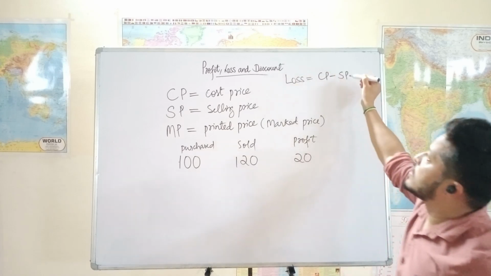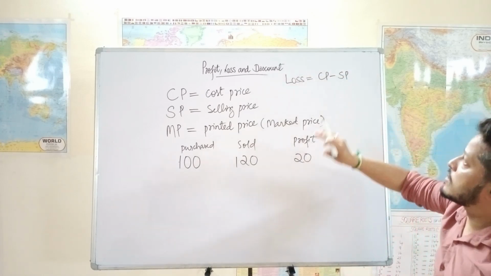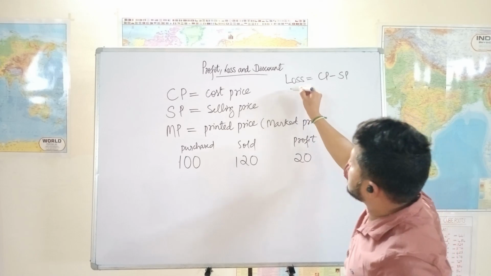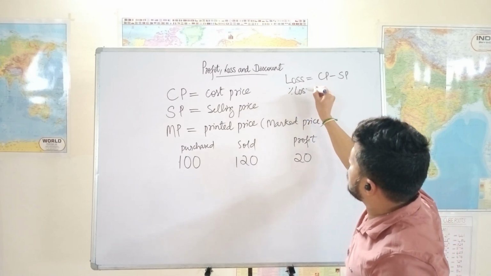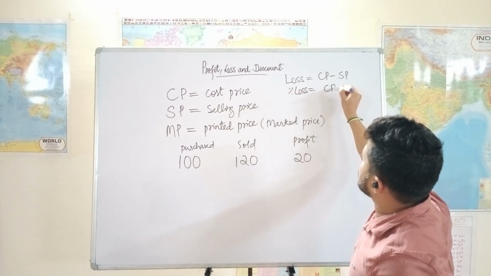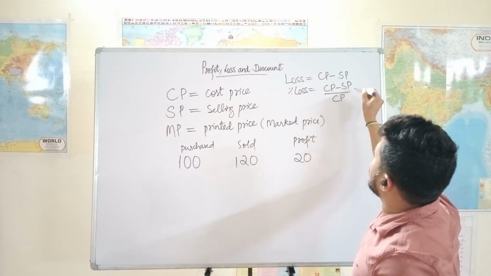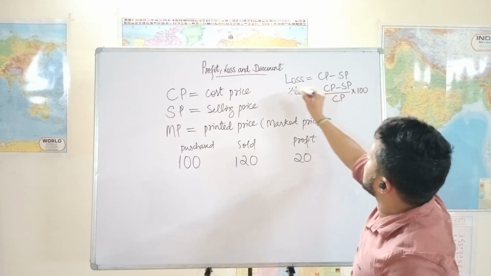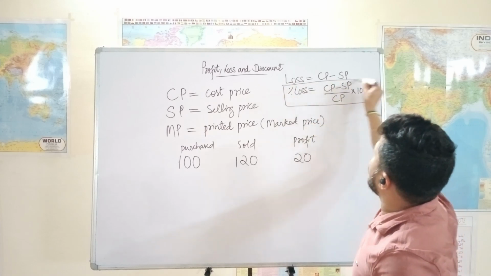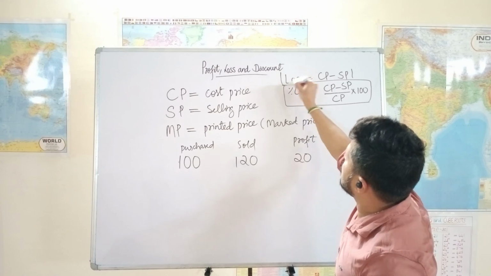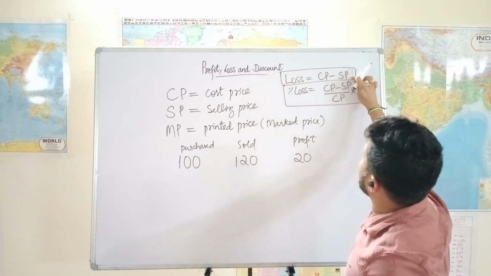Here cost price is more than selling price, that's why we do cost price minus selling price. If you have to say loss in percentage, loss percentage is equal to cost price minus selling price, divided by your investment, which is cost price, into 100. Please make note of this formula for loss and loss percentage.